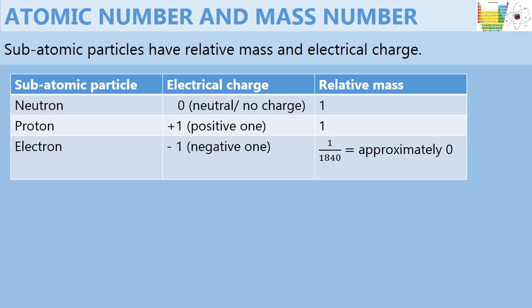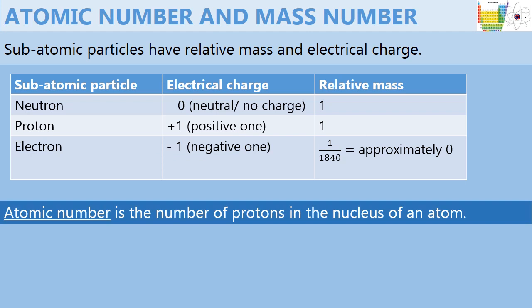So, what is atomic number and mass number? Well, atomic number is the number of protons in the nucleus of an atom. That means, for example, hydrogen has 1 proton.